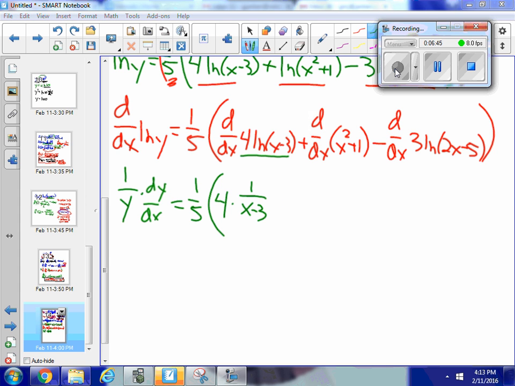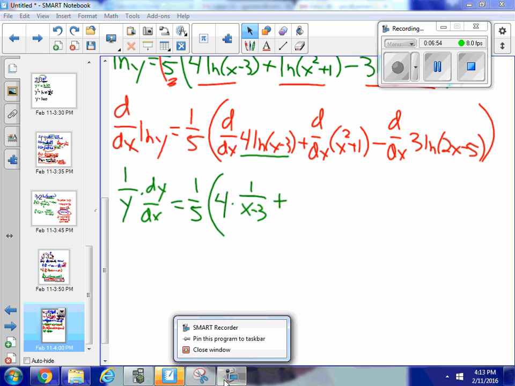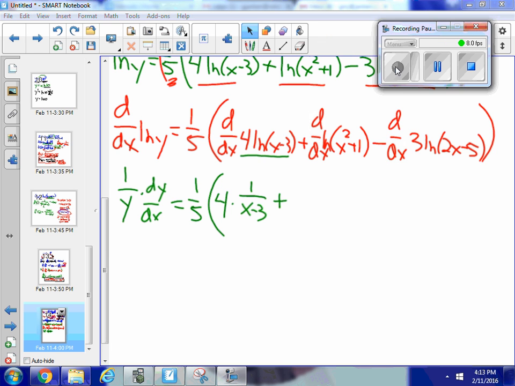Now that's plus the derivative of ln(x² + 1). Oh, sorry, I left out the ln there. I'm so sorry. Let's put the ln back in. I hope I didn't confuse you too badly.